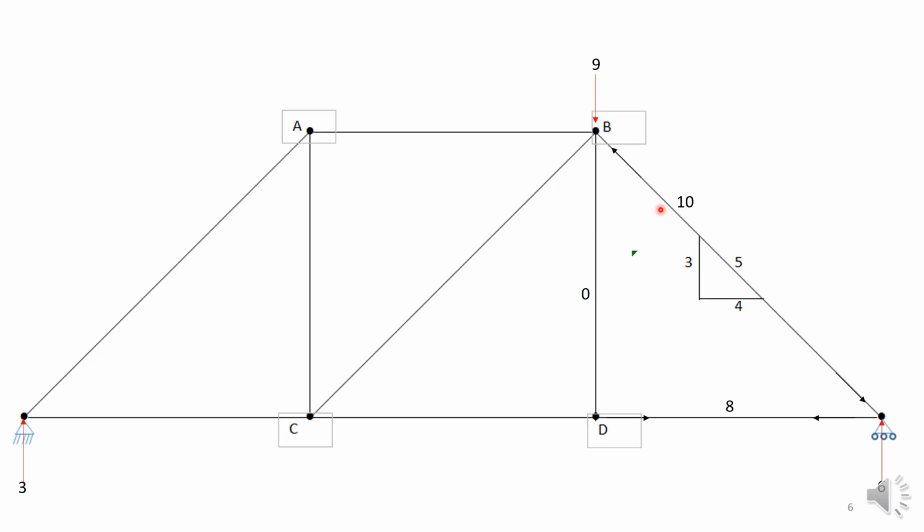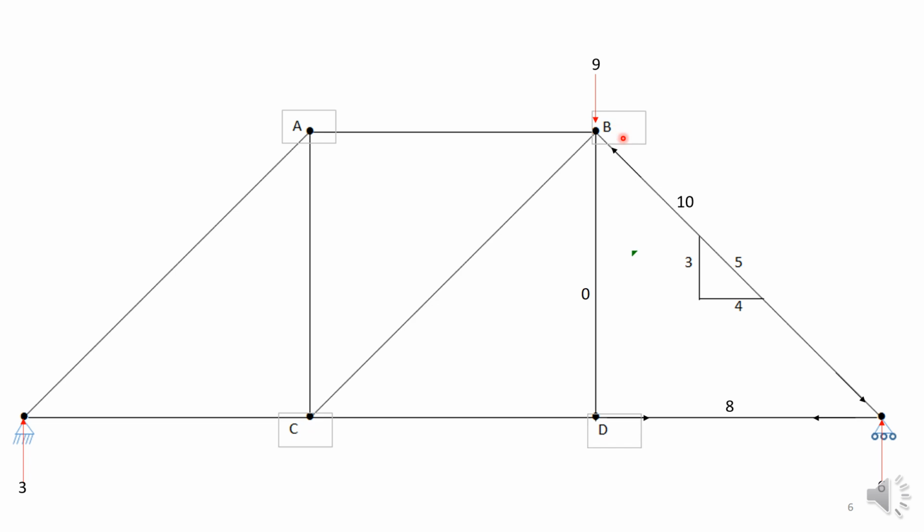So you need to have a compressive force of 10 units in this member. You can work out the vertical component. If it's 10 along this member, it will be 6 vertical, which balances this applied 6 unit force.